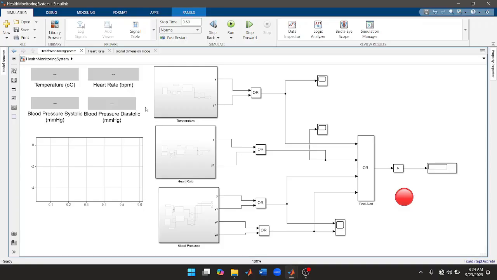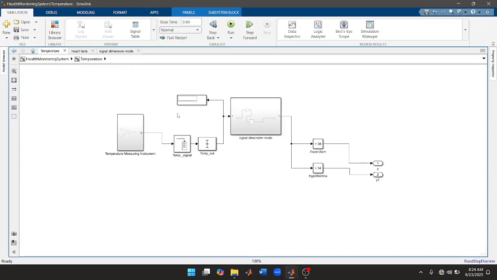So, for the temperature, we have the temperature measurement equipment and then the output buffer. This temperature is programmed to measure a higher temperature and a lower temperature. Now, if the temperature is above 38, there's a fever alert.